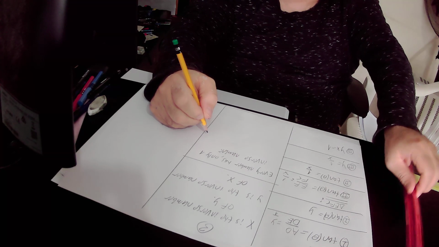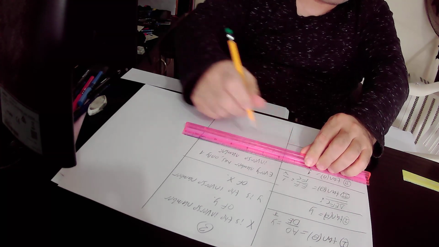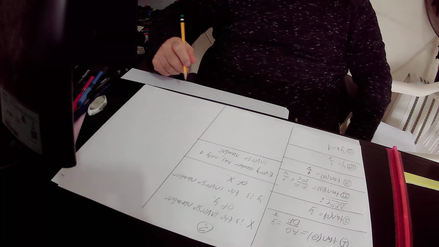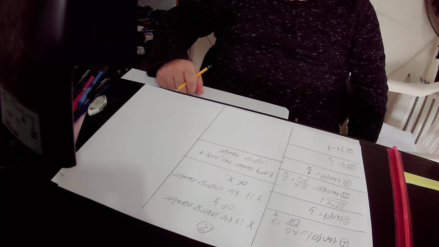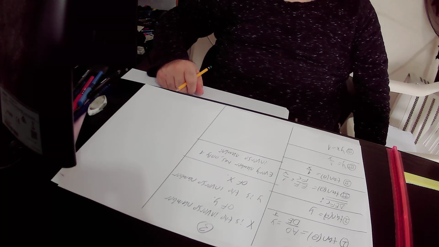The inverse number of 5 is 1 over 5 and only 1 over 5. Number 5 has no other inverse number but 1 over 5, and the inverse number of 1 over 5 is 5 and not any other number.